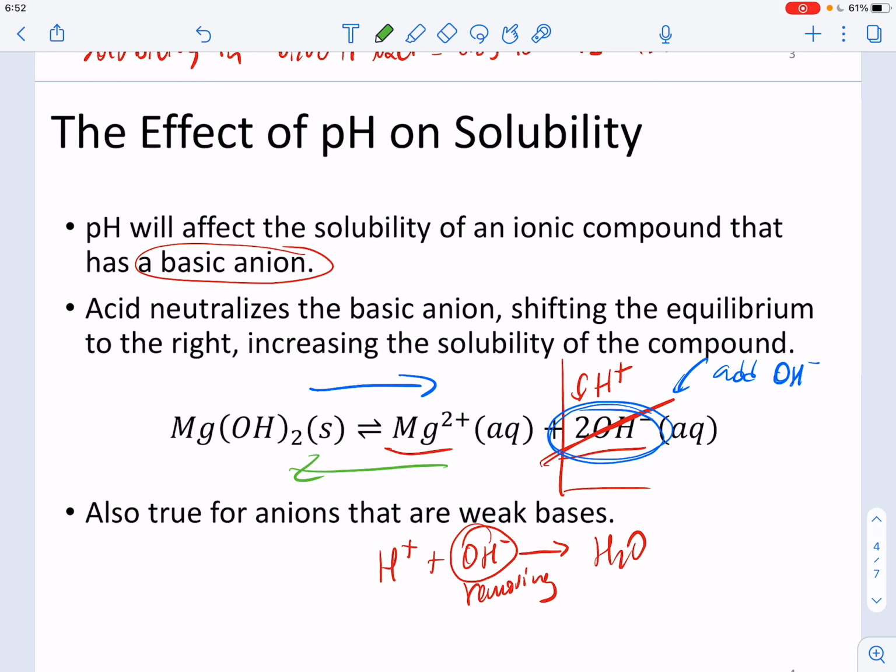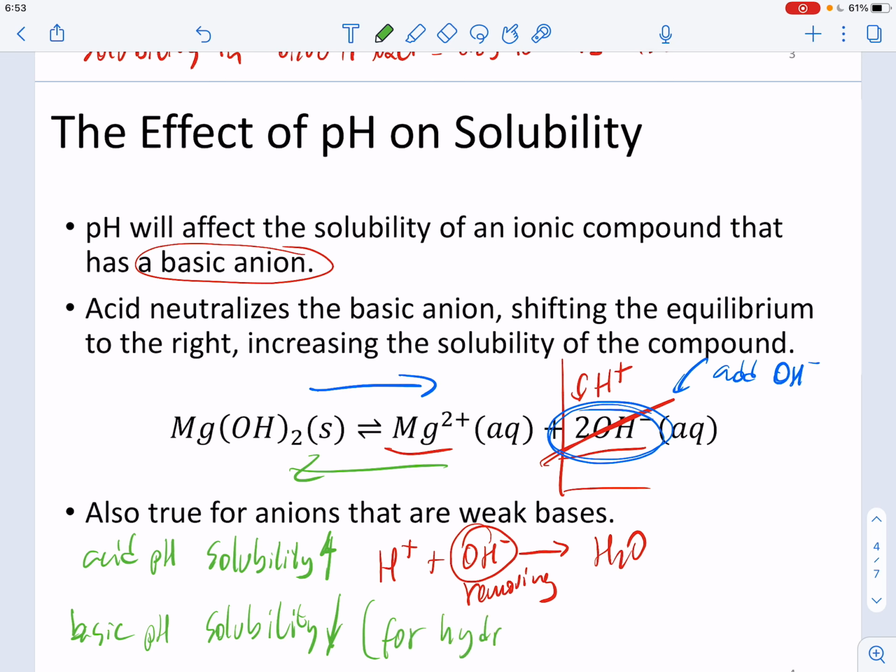So if you have metal hydroxides that are not soluble, then in acid pH the solubility goes up. In basic pH the solubility goes down. But this solubility decrease occurs mostly for hydroxides. If you have something different from a hydroxide, you may not observe a decrease in solubility at basic pH. All right.